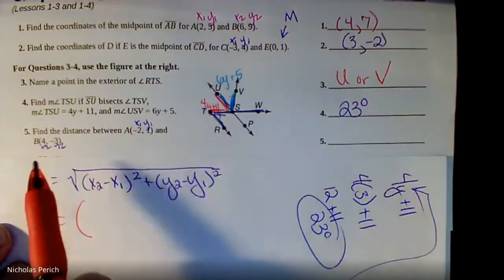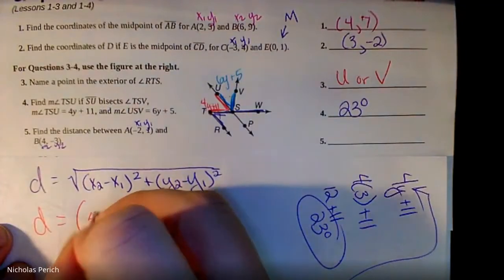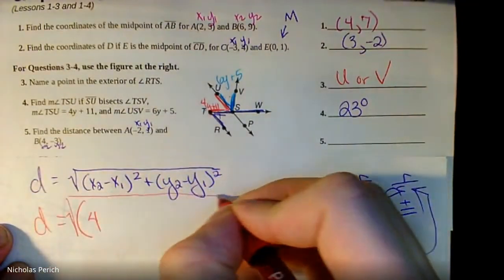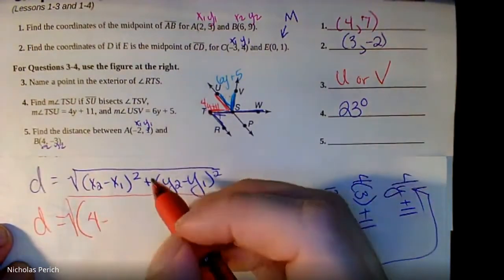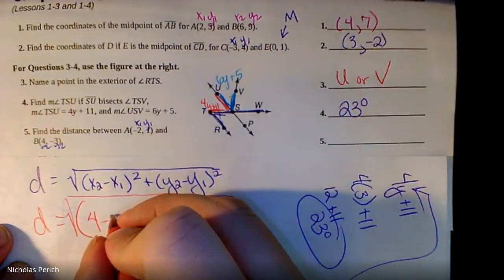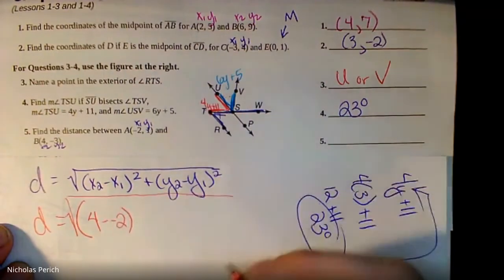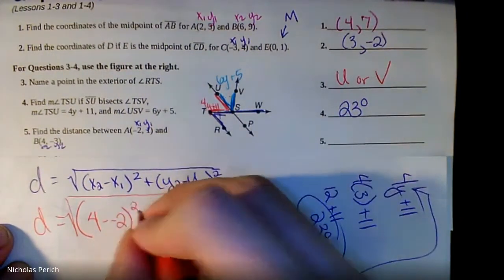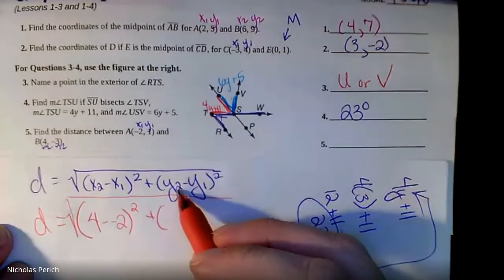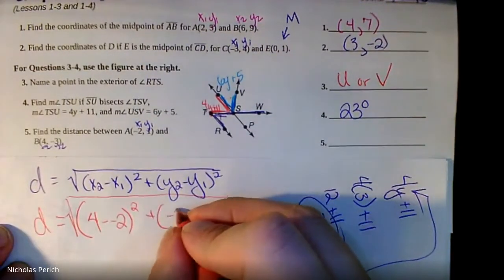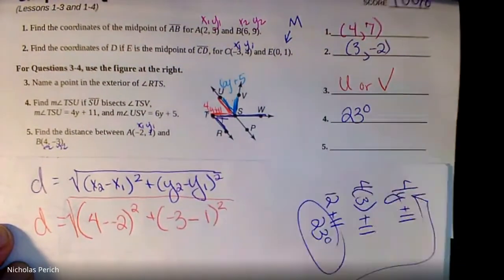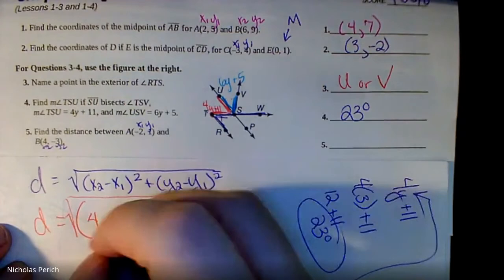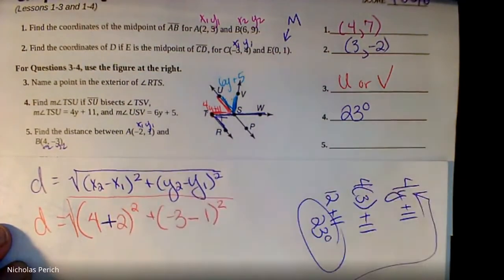D equals the big square root of x sub 2, which I called 4, minus x sub 1, which I called negative 2, so I have a double negative living in there. I'll deal with that in a second. Squared. Plus y sub 2, which I called negative 3, minus y sub 1, which I called 1, squared. Double negative makes a positive.